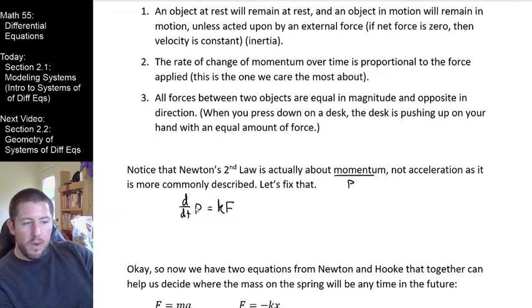Well, what is the rate of change of momentum? Well, momentum is mass times velocity. If we assume that mass is constant, then this is really mass times the derivative with respect to time of velocity.